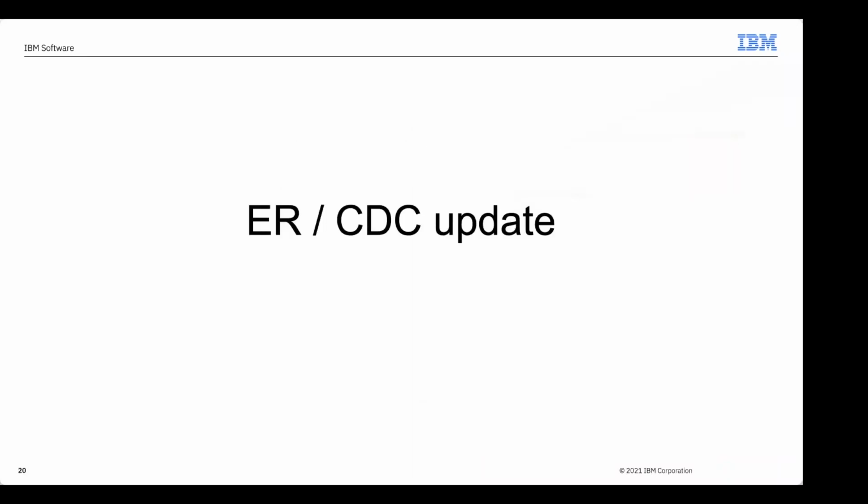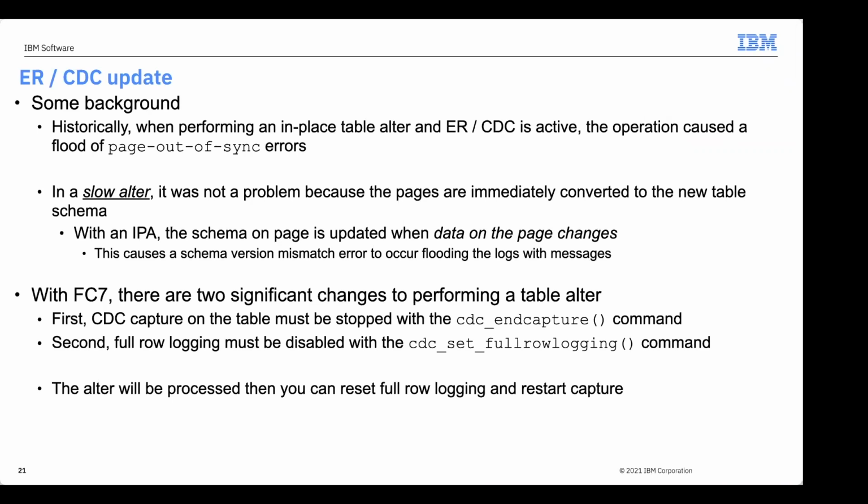Okay. So now a minor change, a minor update, if you will, with enterprise replication and change data capture. So historically, if you were performing an in-place table alter and you had ER or change data capture active, that operation could cause a flood of page out of sync errors to occur.